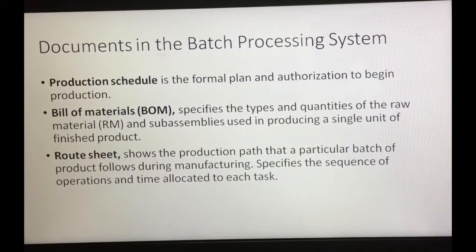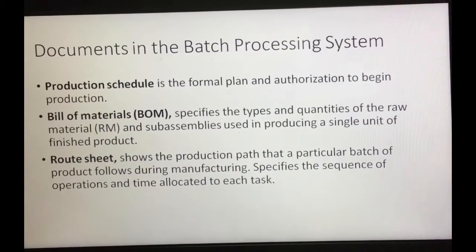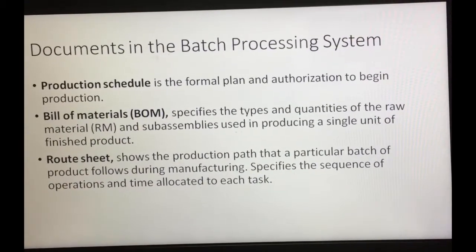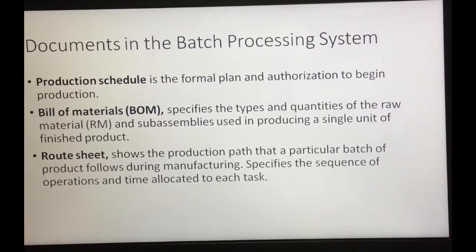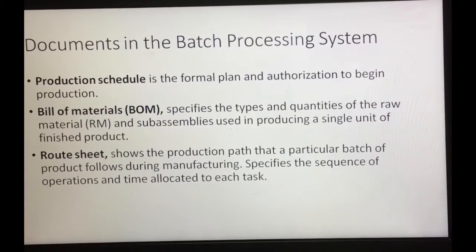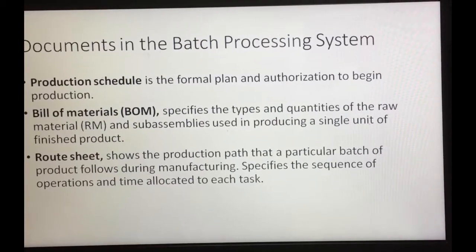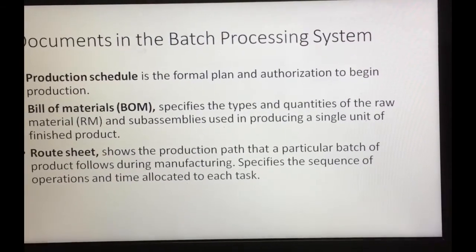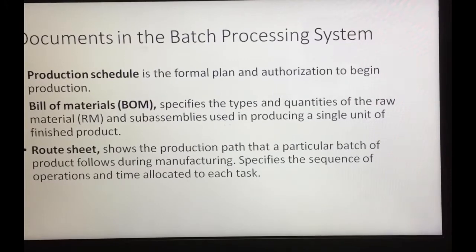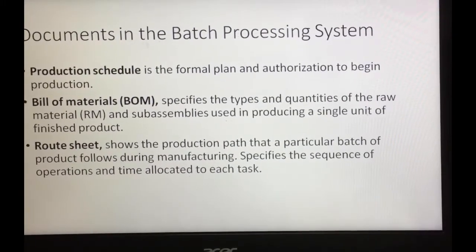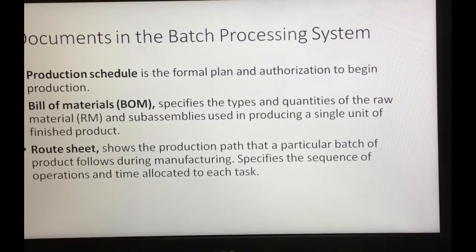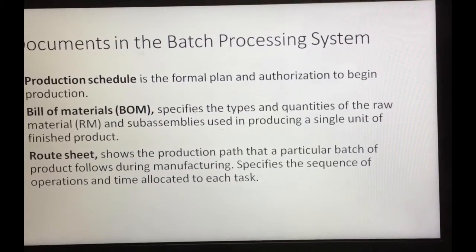The documents in the batch processing system are first, production schedule is the formal plan and authorization to begin production. This document describes the specific products to be made, the quantities to be produced in each batch, and the manufacturing timetable for starting and completing production.